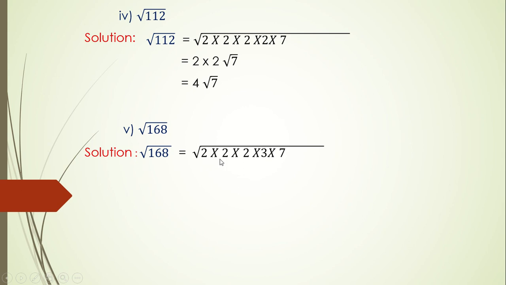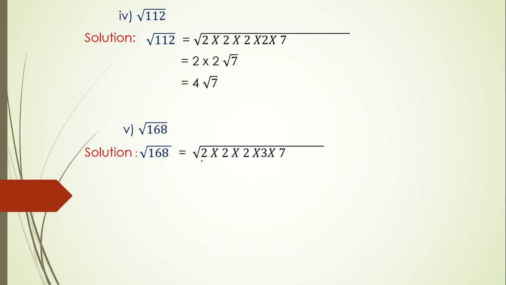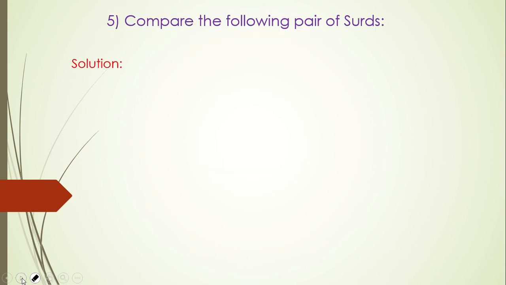Now 2 has come twice. We have to pair it in the root sign. 2 2s are 4, so 1 2 will come out. Rest all the numbers will remain inside the root sign: 2, 3 and 7. So 2 root 42 is the simplest form of it.